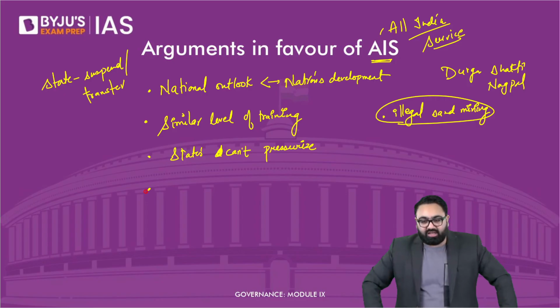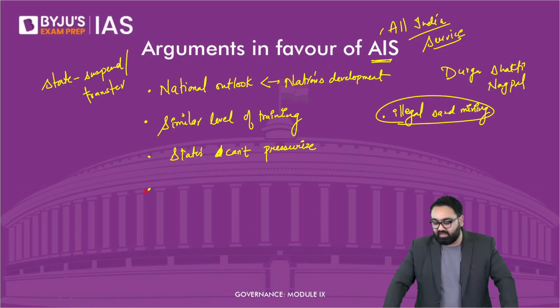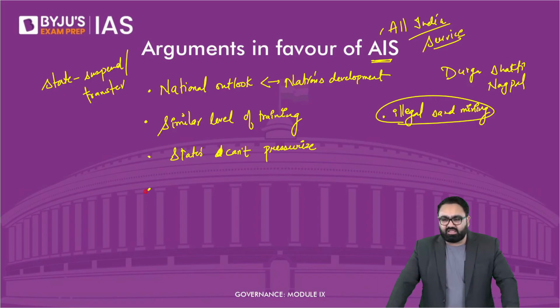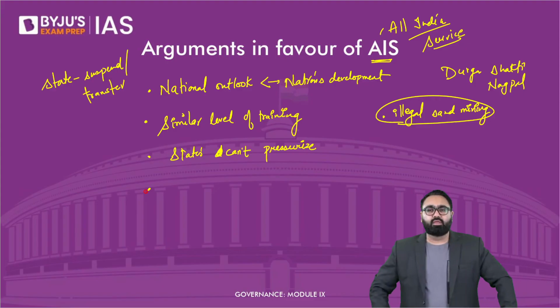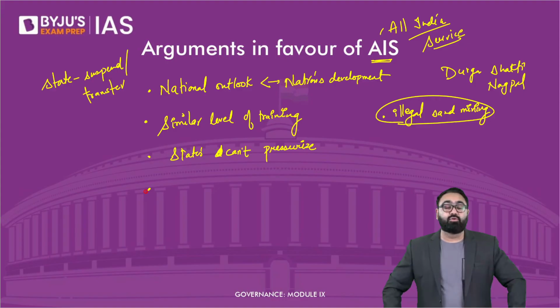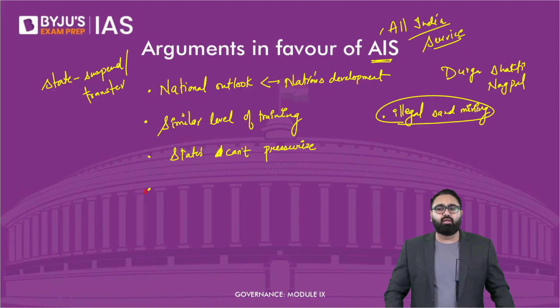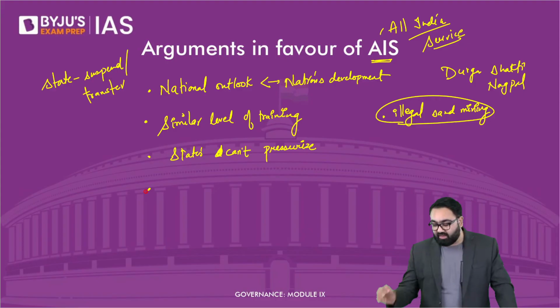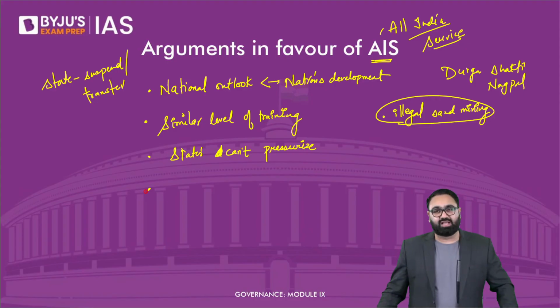They know that the center government has their support, has their back, and they just can't be randomly removed. So they are much more fearless in the job that they do. They do their job in a much more open manner, knowing fully well that they are protected by the center government.